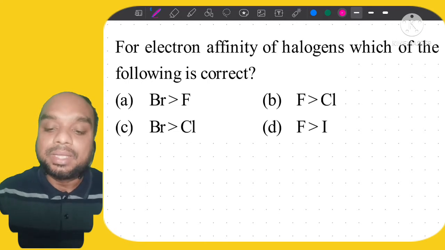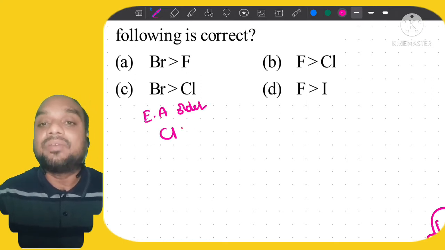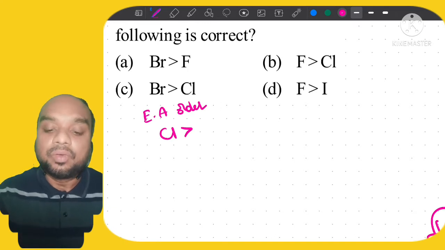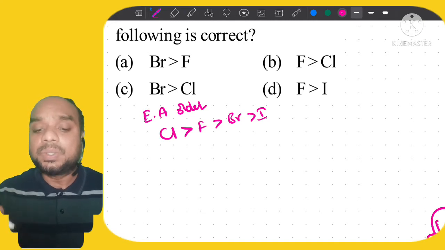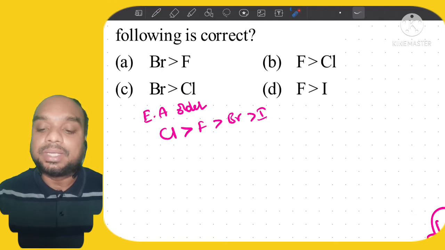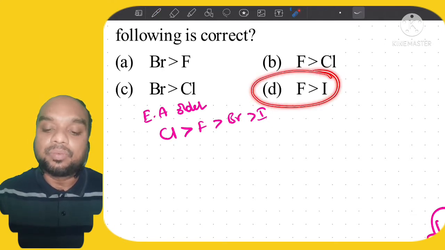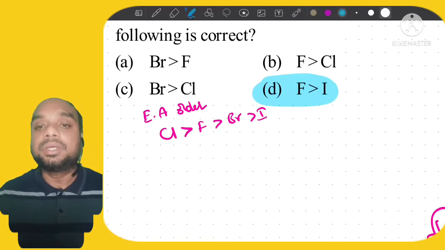So in the electron affinity order, chlorine has more electron affinity than fluorine, next bromine, after that iodine. Based on this, the correct one is that fluorine has higher electron affinity than iodine. So the right answer is option D.